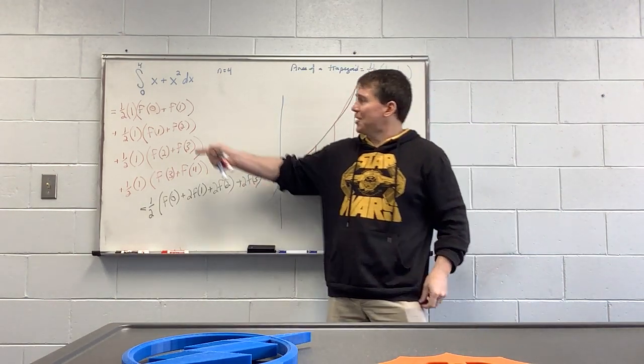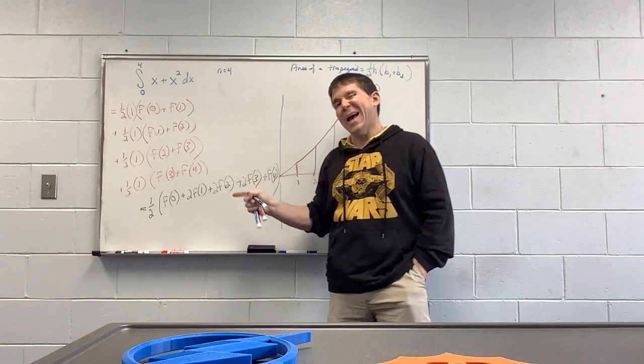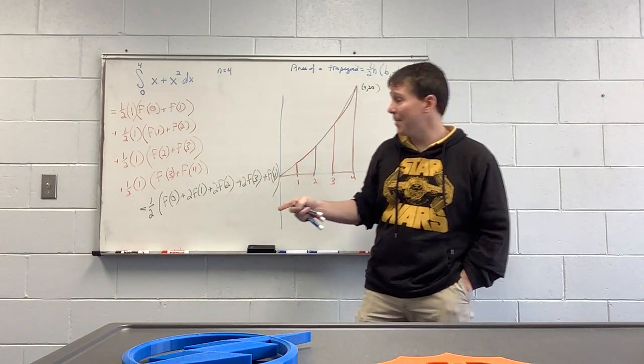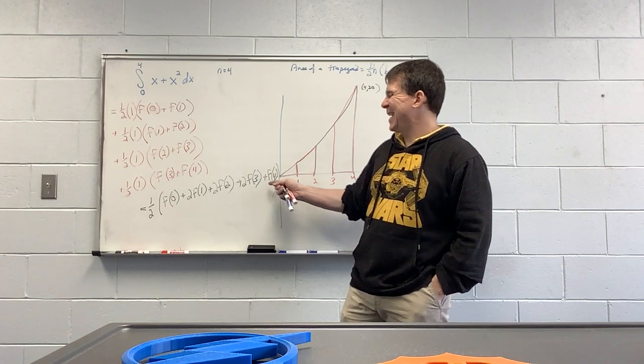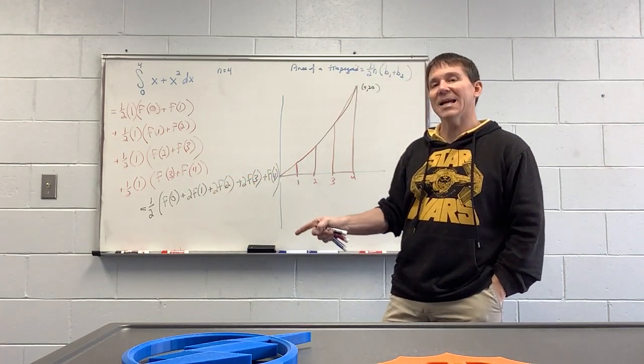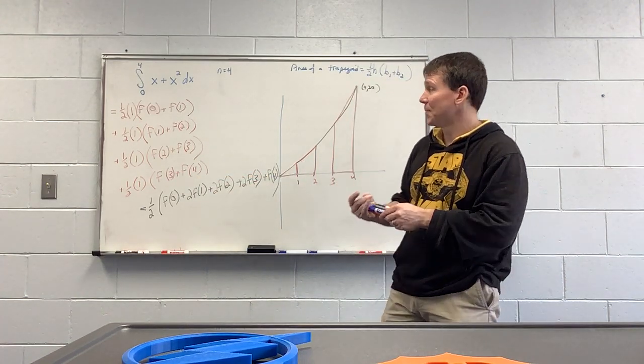And again, I could certainly find all of these individually, add them all up, and get an approximation for my area. But if I manipulate this algebraically, this is somewhat easier to write out and calculate. It saves me time.